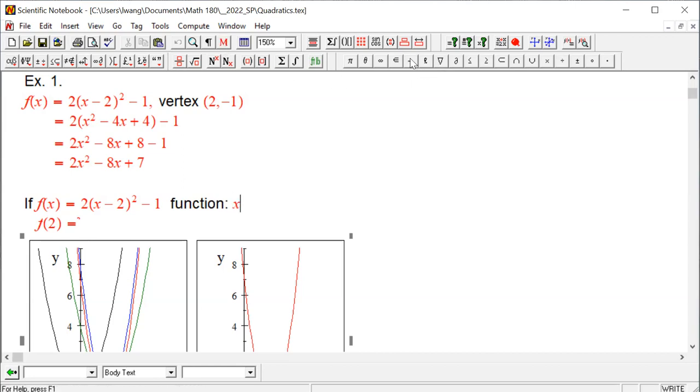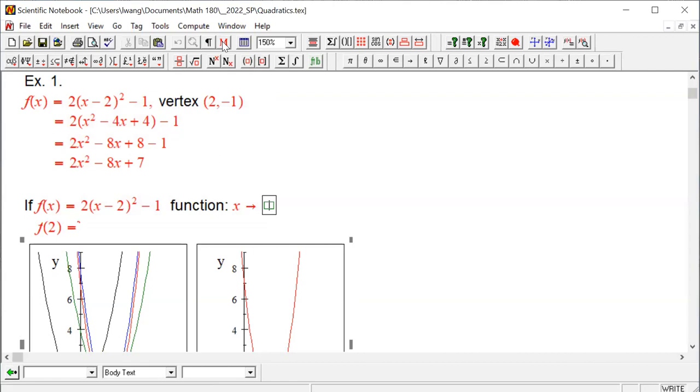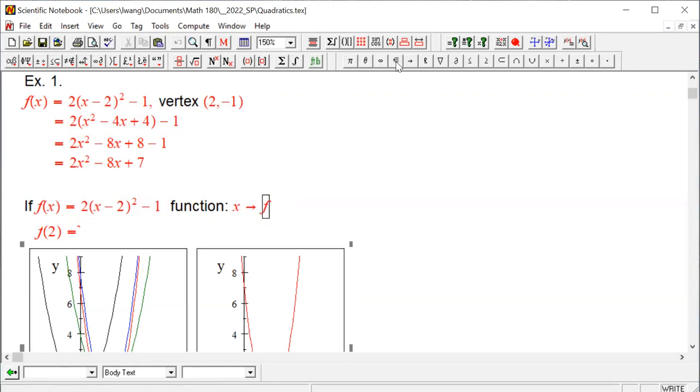This function takes an input, and the x will be subtracted by 2 and then squared. After the square, we multiply by 2, and then after all of this is done, we subtract 1, and we get f of x.